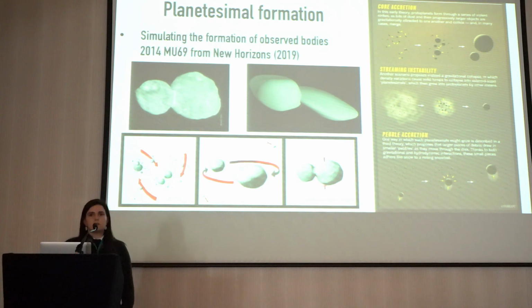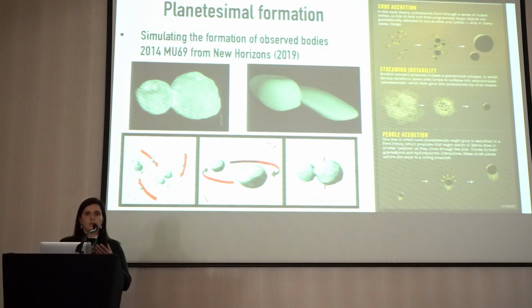As I said, it's even more interesting when we look at the outer solar system. So this is Arrokoth, which was visited by New Horizons, and it has a very, very peculiar shape. And this shape is very interesting to model, and the models are showing that these two objects formed separately in the same cloud of material, and they slowly came together in a very non-violent impact, so in a very gentle impact.